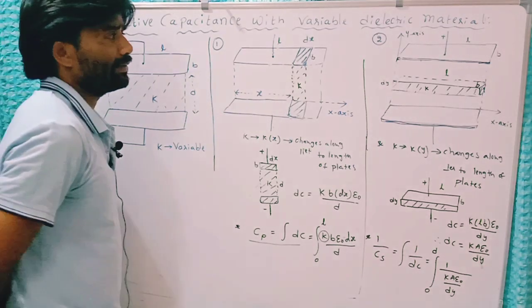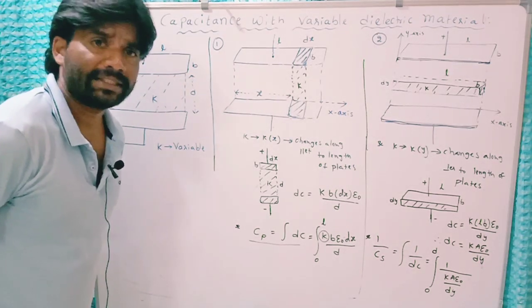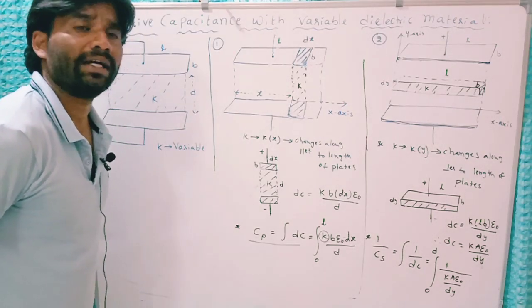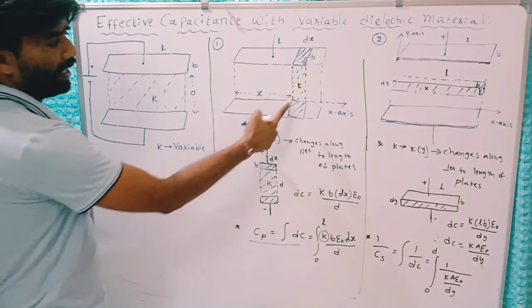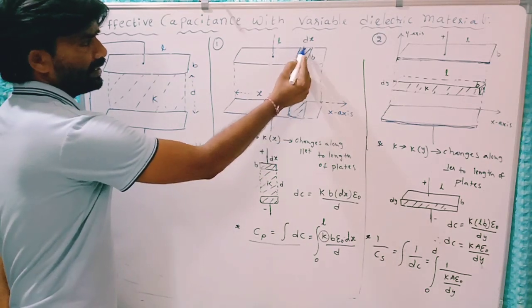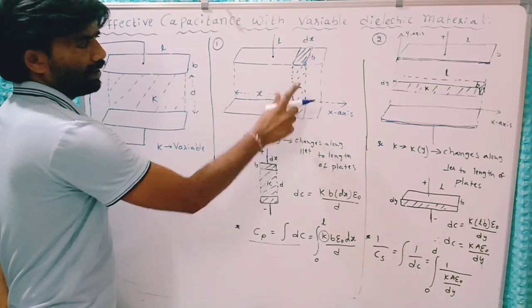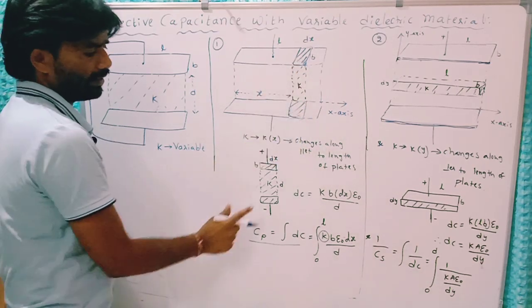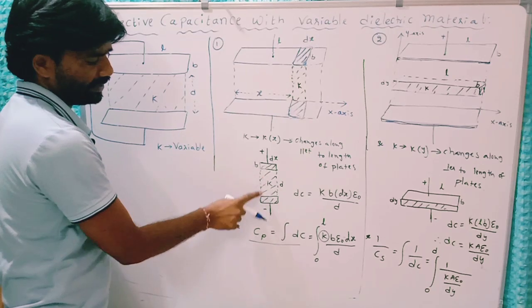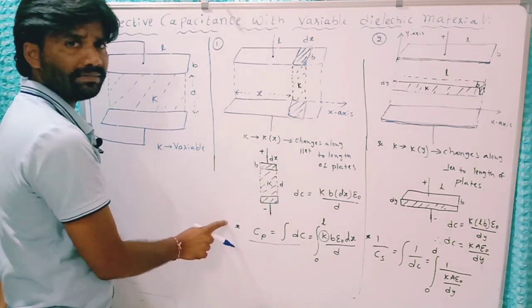After splitting the capacitor into small elements, we should write the capacitance of that small element. Here I have taken this small element. The thickness of this element is dx, and these are the two plates. In the case of this elementary capacitor, this gap is filled with dielectric material with thickness d.